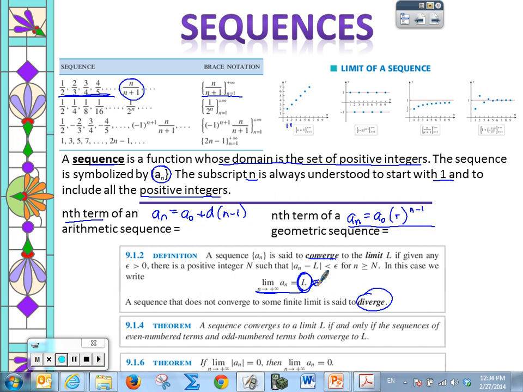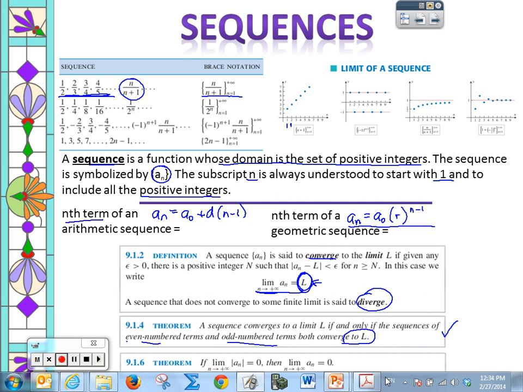Another thing that's going to be pretty important to us is this second theorem right here. And that tells us that a sequence converges to a limit L if and only if the sequences of even numbered terms and odd numbered terms both converge to the same number.